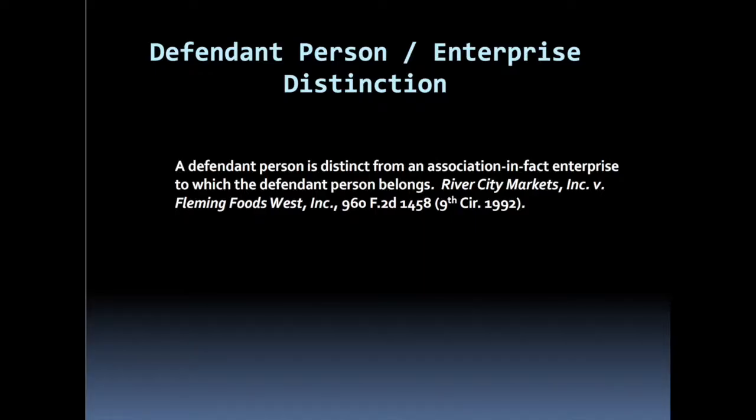And so when you look at association in fact enterprises, there's a couple of rules that are important to remember. First of all, an individual is always distinct from a group to which the individual belongs. So what does that mean? That means that you can allege 2 or 3 defendant persons, and you can turn around and allege that those 2 or 3 defendant persons are also an association in fact enterprise that's operated and managed by the defendants.